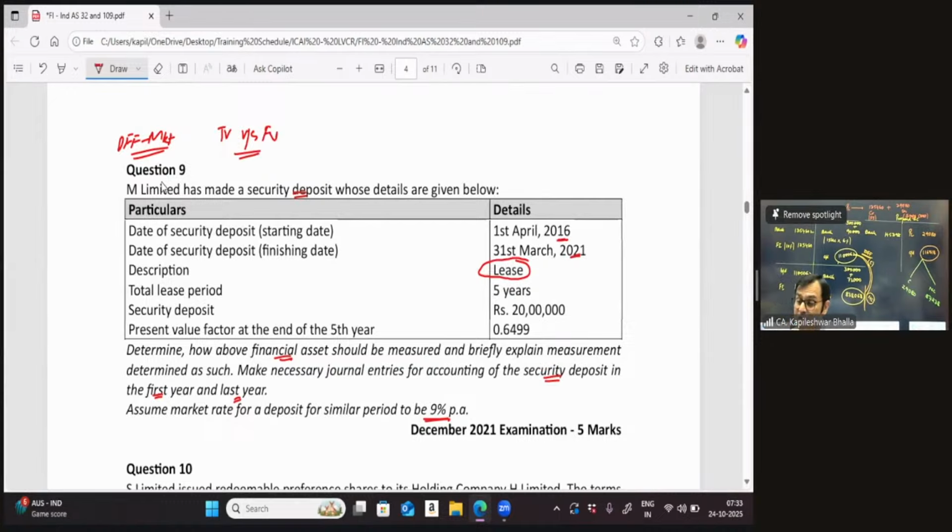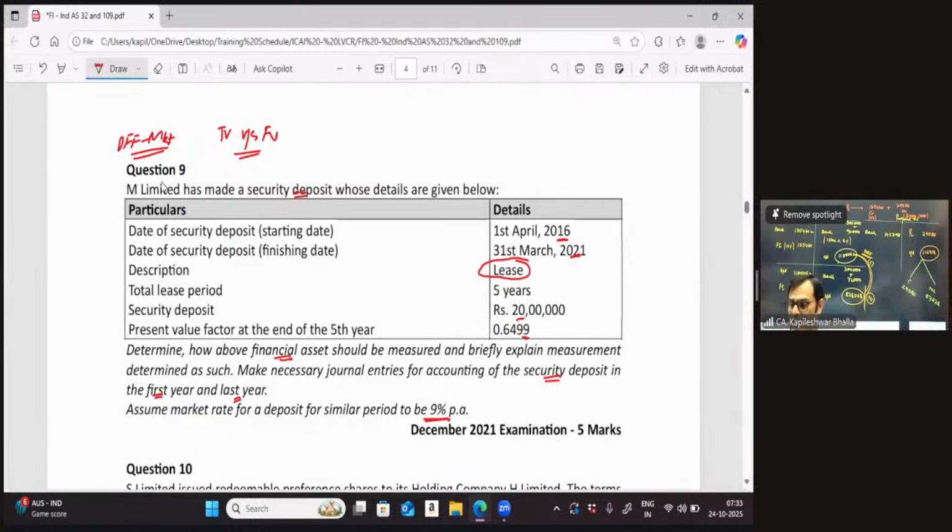I think let's take the liberty of asking again. If there is going to be a difference in the transaction value and the fair value, where are you going to take this difference? Remember, this is a case of a lease transaction. It is a case of a transaction between a lessor and a lessee, that is Ind AS 116. So this is the amount of deposit and that is the discounting factors.